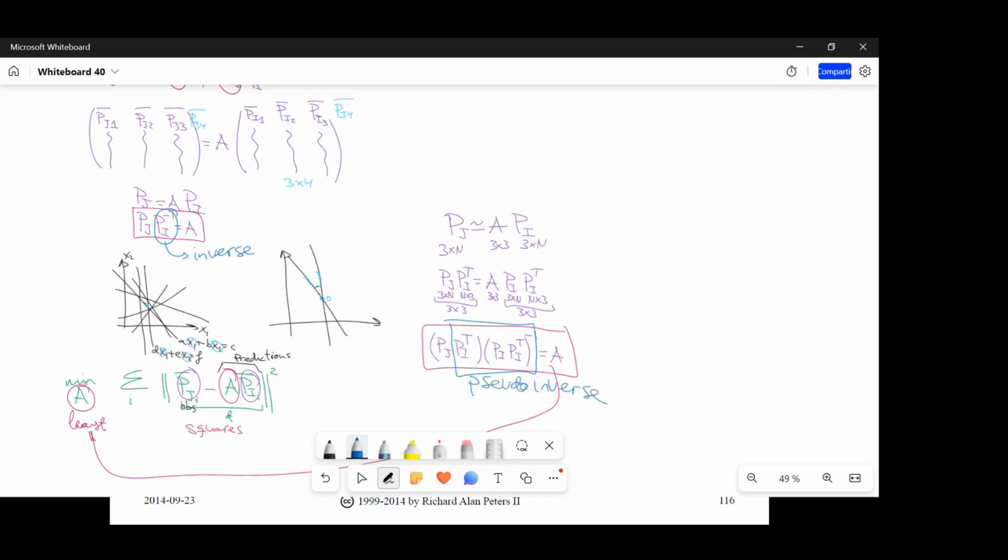It is not an inverse, because an inverse is a very well-defined mathematical operation, but it works as an inverse.